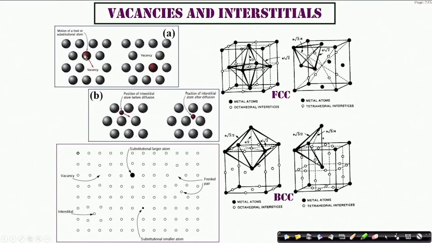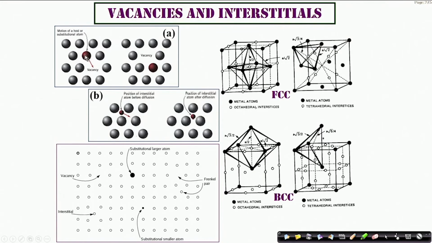Now, this is how you actually can create a vacancy. So how do they affect the properties? For various processes, either for transformation or for mechanical deformations or various kinds of shape changes, we need atomic mobility. And an atom always finds it easier to jump into a neighboring site if that site happens to be vacant.